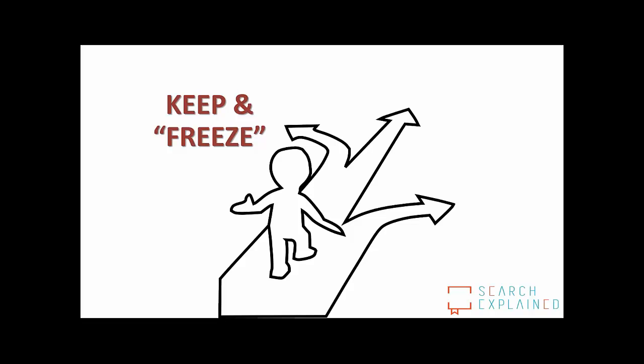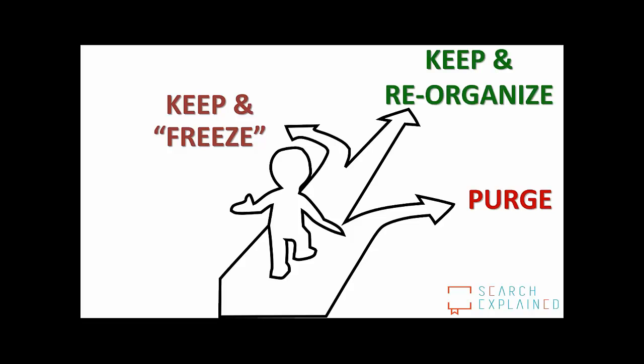In some cases, you can keep it where it is and leave it as it is without doing any migration if you wish. Of course, there is a set of content that you want to purge, that you want to discard, which you don't need at all. And obviously, there is a big set of content that you have to keep and reorganize when you move.